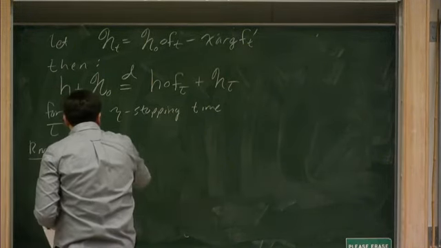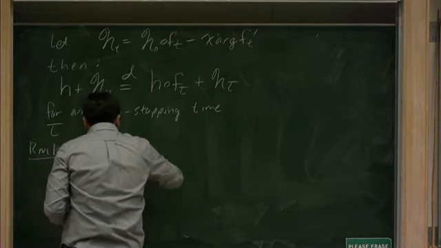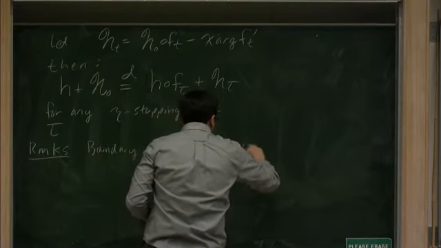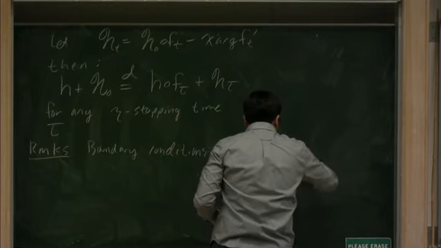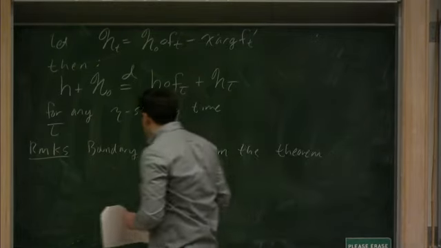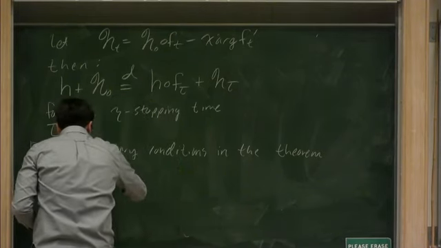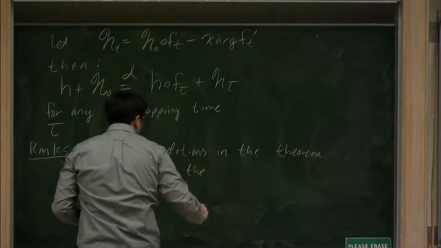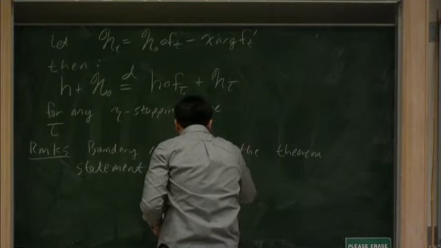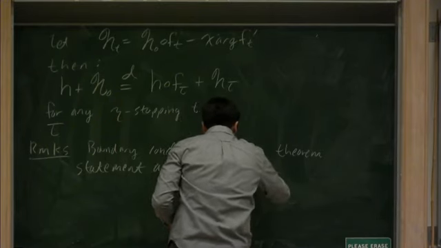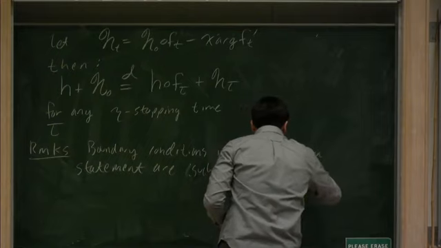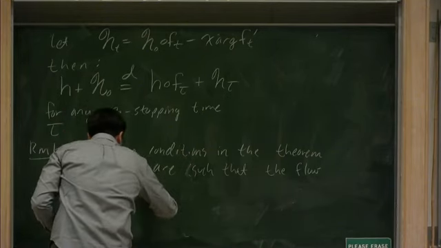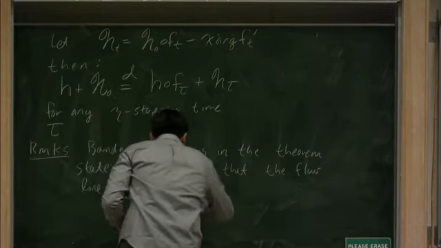So the boundary conditions in the theorem statement are the ones that are necessary so that the flow line of the Gaussian free field is just a regular SLE kappa.